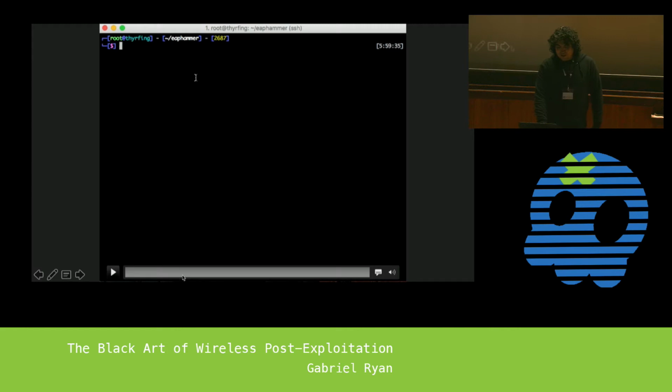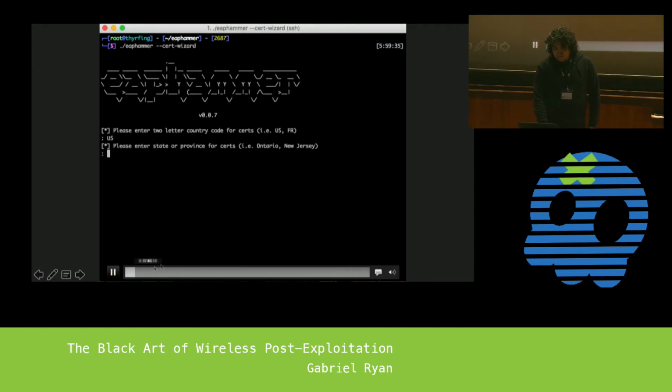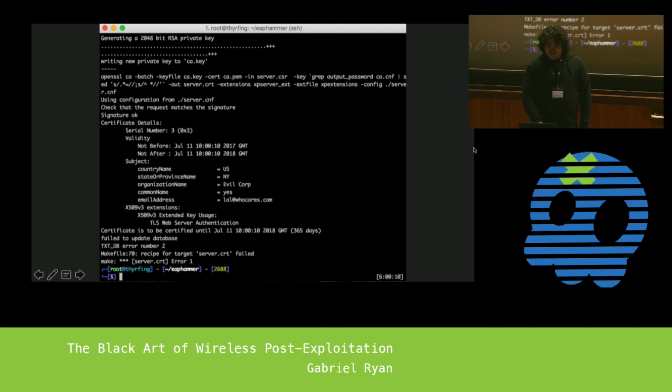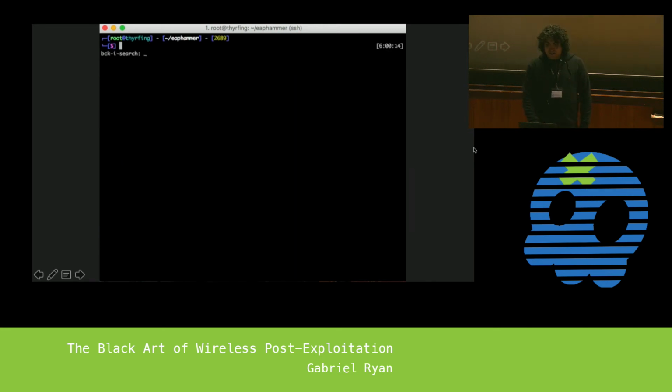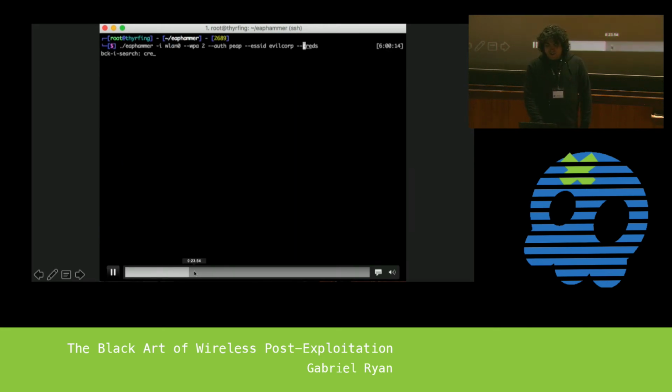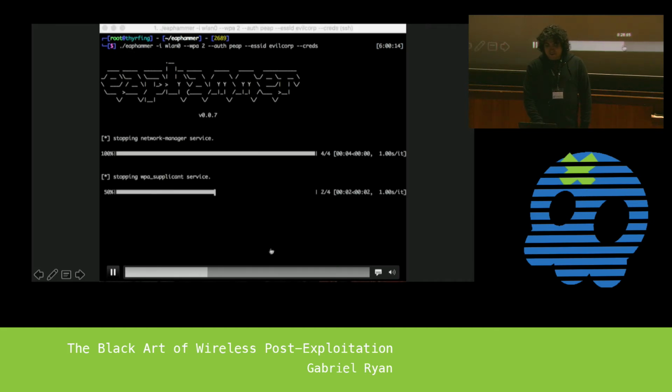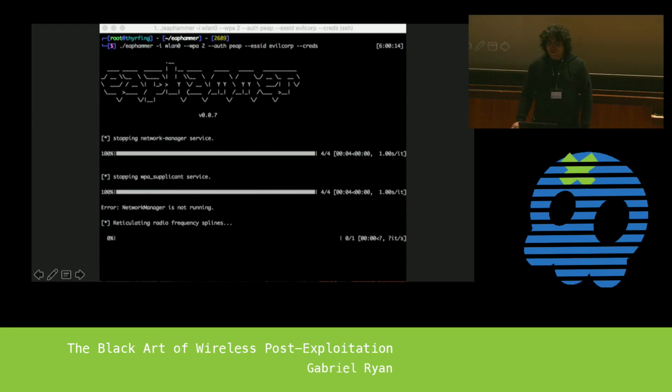And here's a quick demonstration. I don't know what the regulatory stuff is over here, so I have a video. Essentially, the attacker is going to create a forged certificate, and then an access point is going to be created that's a clone of the target access point. In this case, we have SSID Evil Corp.